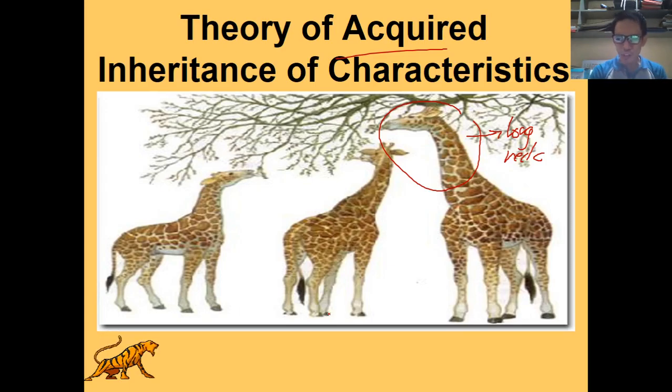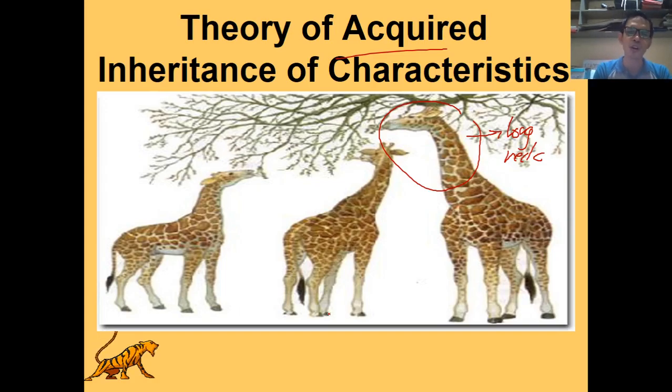Before we go to Charles Darwin, let's first analyze this particular theory by Lamarck. During his time, what were the misconceptions? Since they were limited to some ideas during their time, there was no idea that DNA exists.